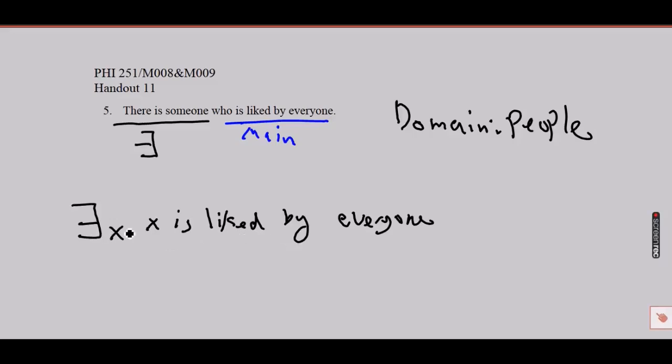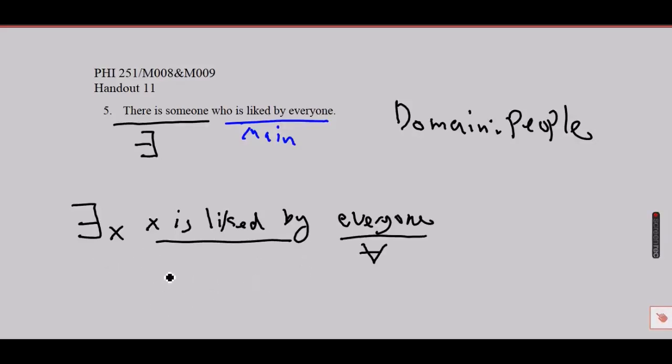Okay, now notice that this statement here, x is liked by everyone, itself is a universal statement. We have everyone, which is a universal quantifier, and we have x is liked. Again, here we don't have a restrictor. X is liked by everyone is the main predicate.